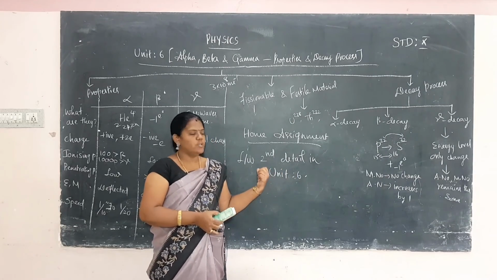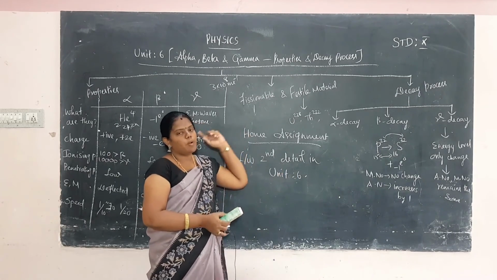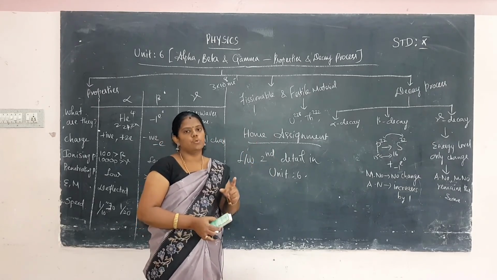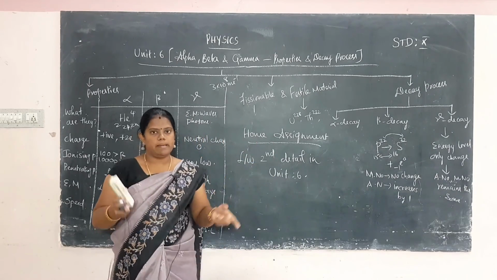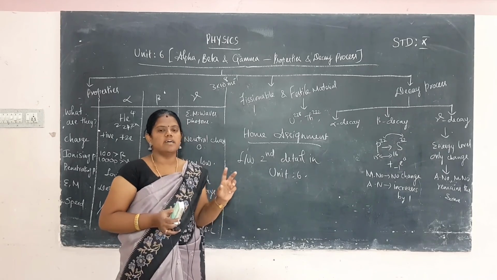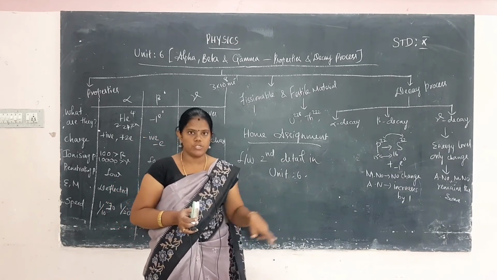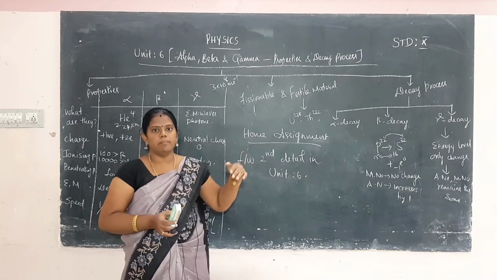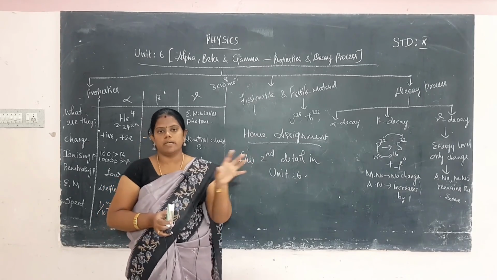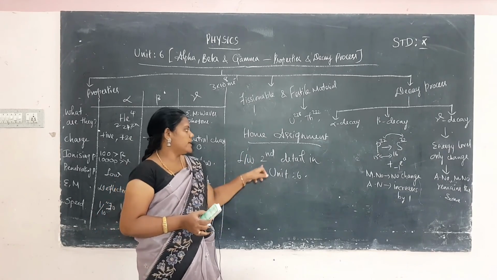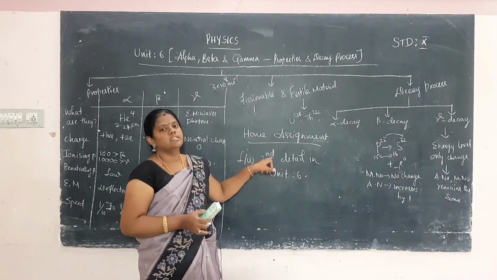Clear? The second detail is the properties of alpha, beta, gamma radiation. You have to learn it and make a tabular column to show the differences in the properties of alpha, beta, gamma radiation. Do not write it in paragraph format; it should be in tabular form.